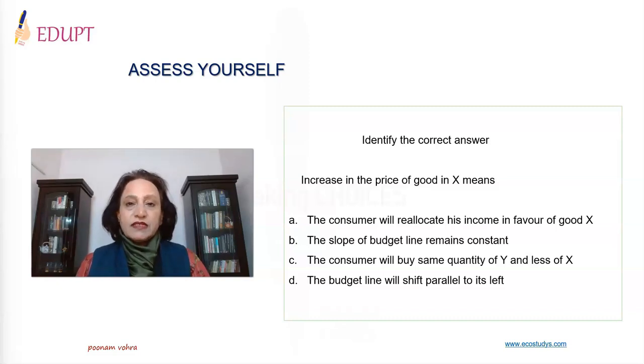The statement is: increase in the price of good X means option A, the consumer will reallocate his income in favor of good X; B, the slope of the budget line remains constant; C, the consumer will buy same quantity of Y and less of X; and D, the budget line will shift parallel to its left.